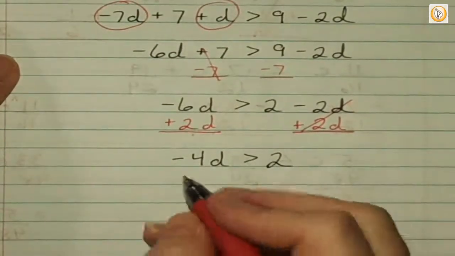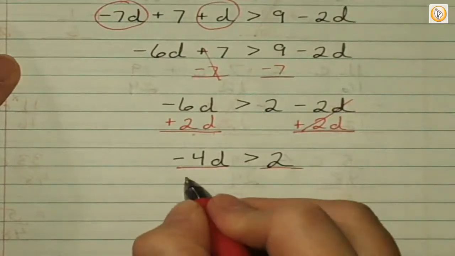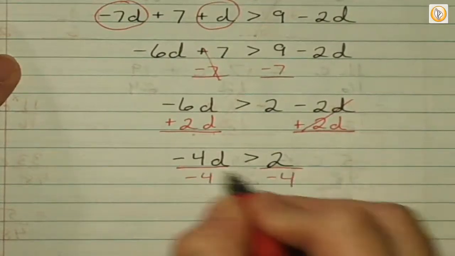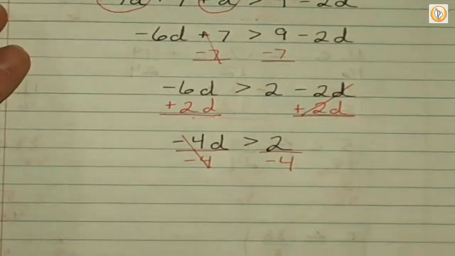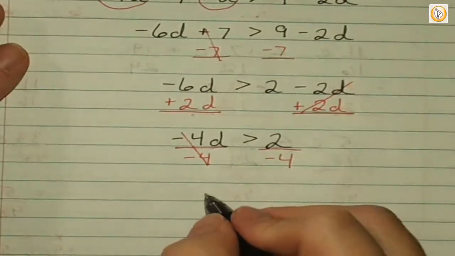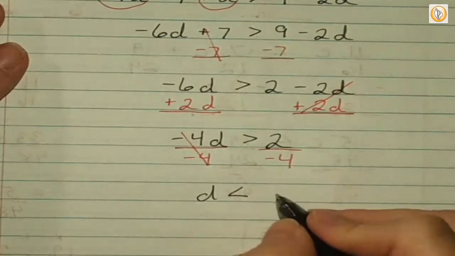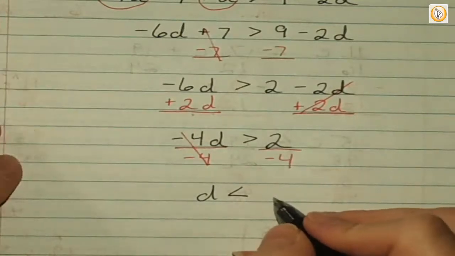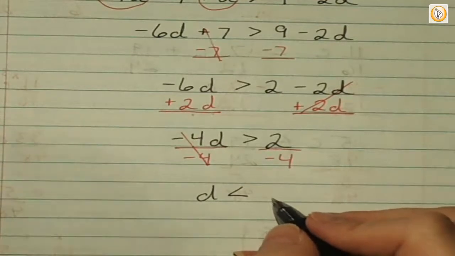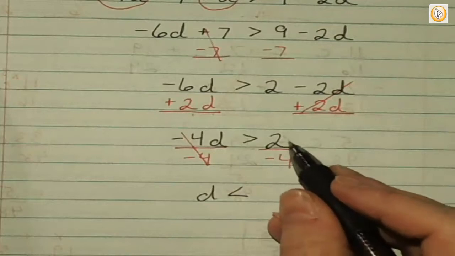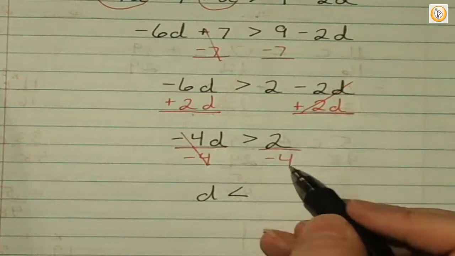You divide by the negative 4 on both sides. And you get d is less than negative 2 over negative 4. Can we do 2 divided by 4?